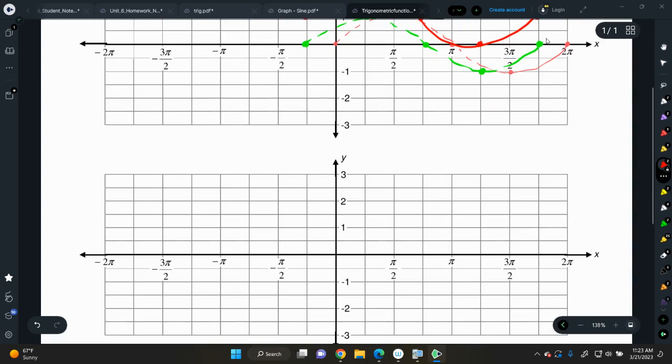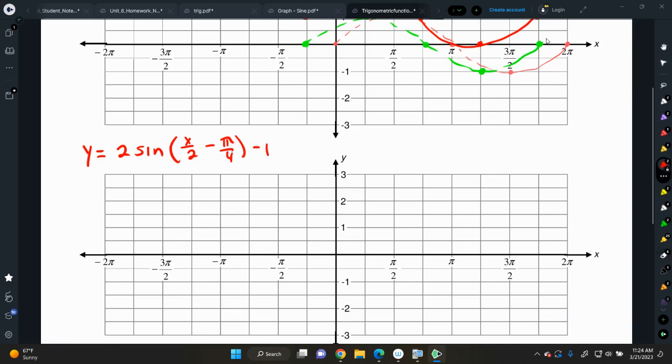Let's do y equals 2 sine of x over 2 minus pi over 4, minus 1. When we look at that, in general, what are we expecting to see?